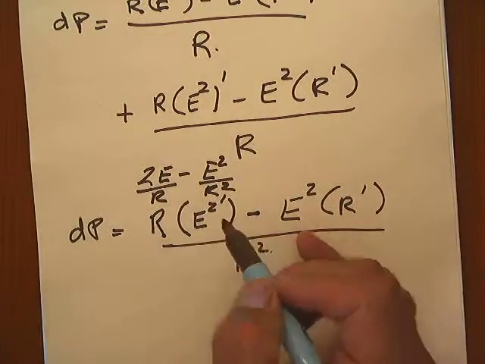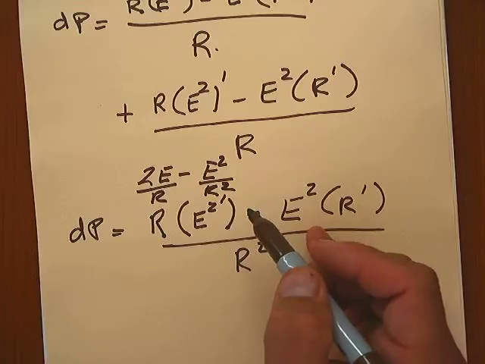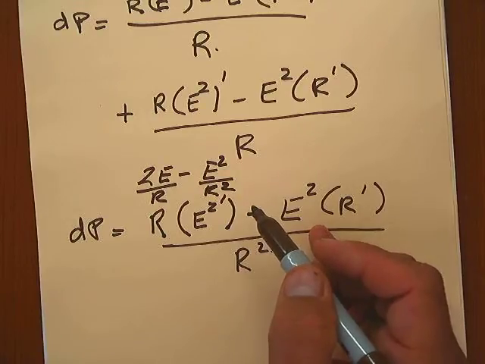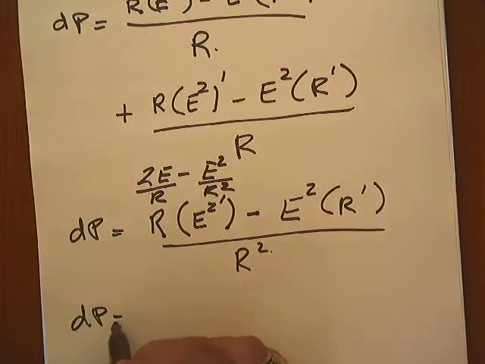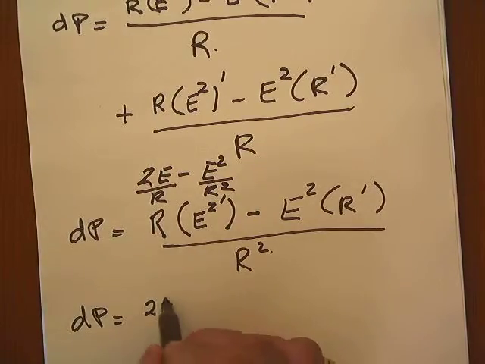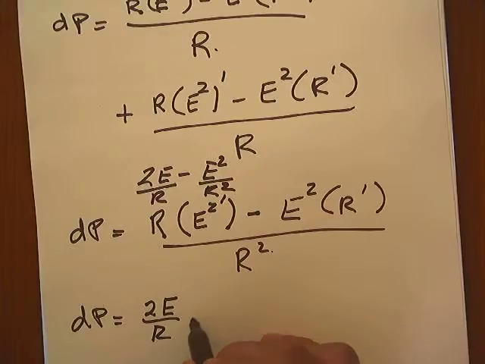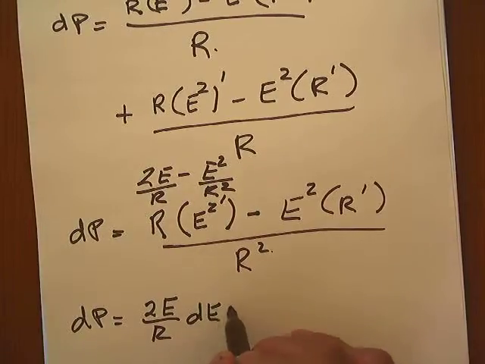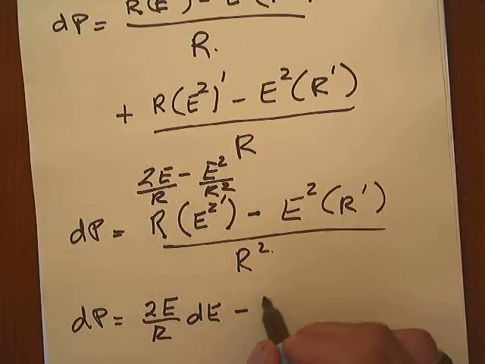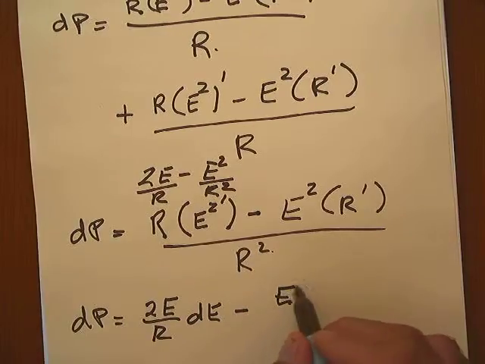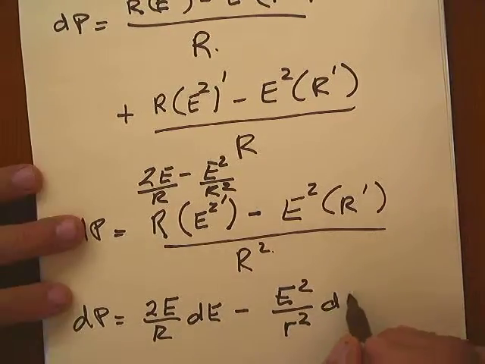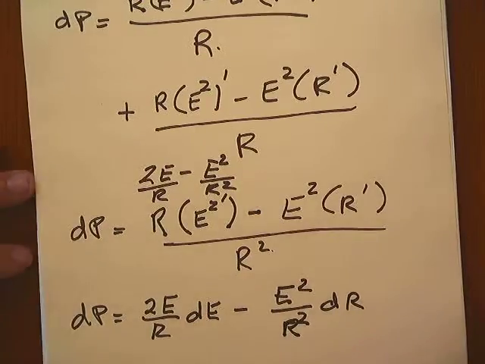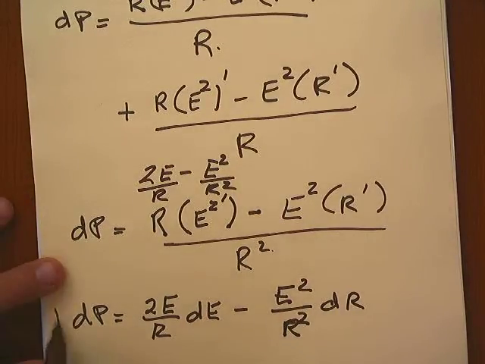And basically when you get through with everything, you're going to come out with 2E over R dE minus E squared over R squared dR. And that is your total differential.